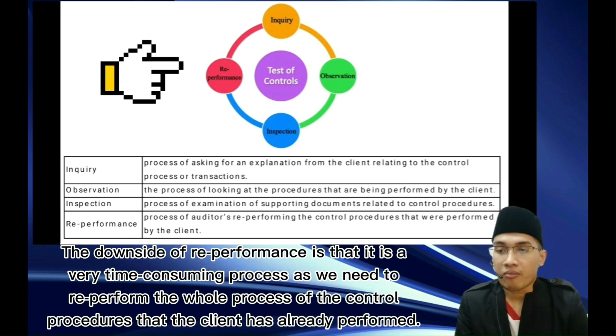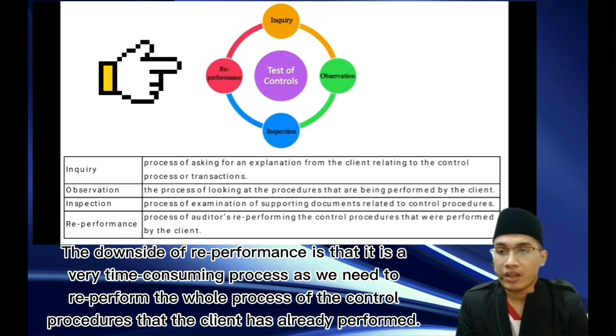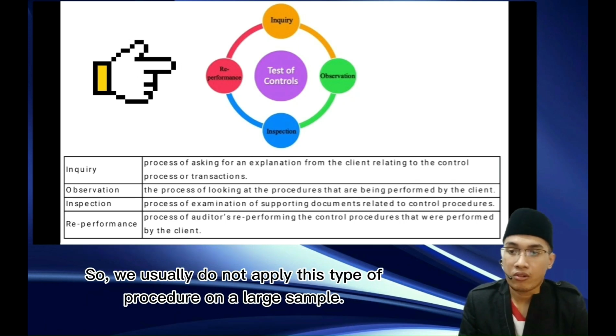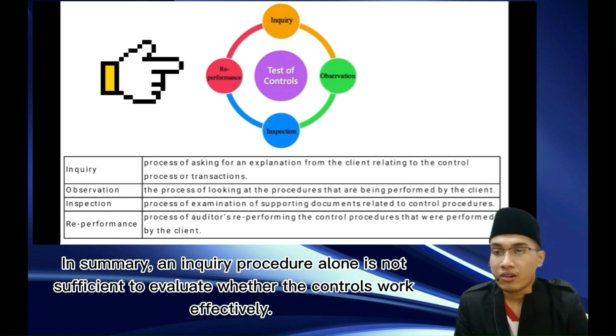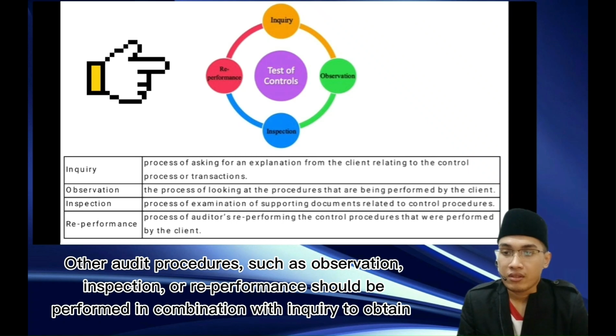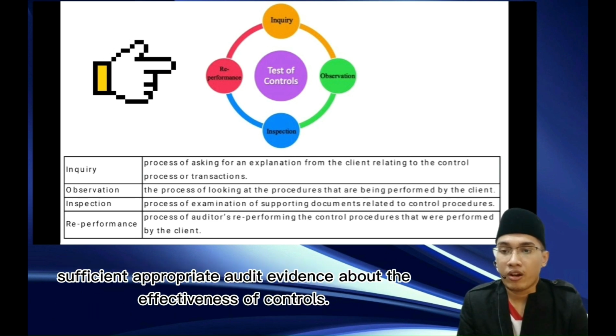The downside of re-performance is that it is a very time-consuming process, as we need to re-perform the whole process of the control procedures that the client has already performed, so we usually do not apply this type of procedure on a large sample. In summary, an inquiry procedure alone is not sufficient to evaluate whether the control worked effectively. Other audit procedures such as observation, inspection, or re-performance should be performed in combination with inquiry to obtain sufficient appropriate audit evidence about the effectiveness of control.